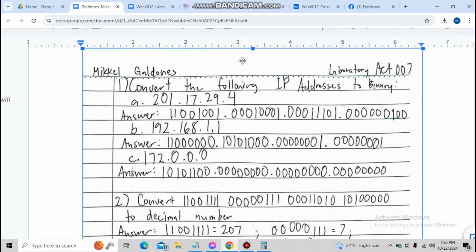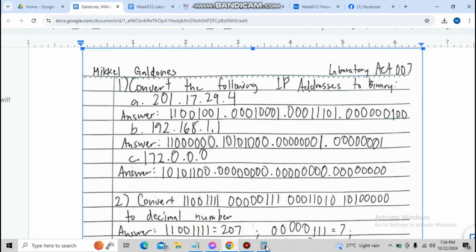Why? Because, as I said a while ago, 1 is true, so we mark it as 1. 2 is not true. 4 is not true. 8 is true, which is why it's 1. 16 is not true, so it's 0. Then 32 is not true, so it's 0. 64 and 128 are true, so they are both 1.